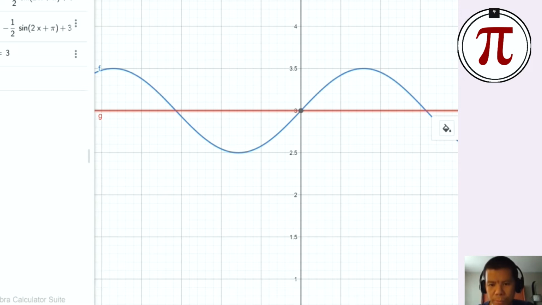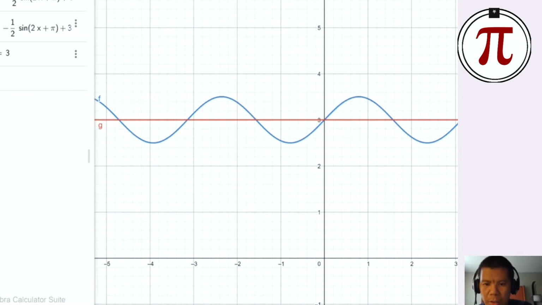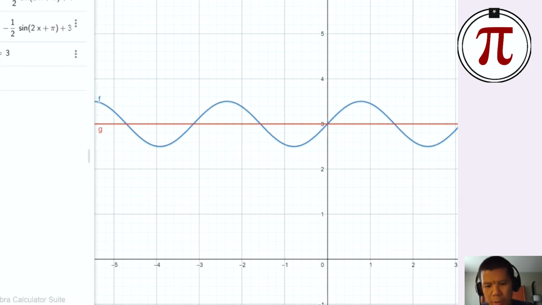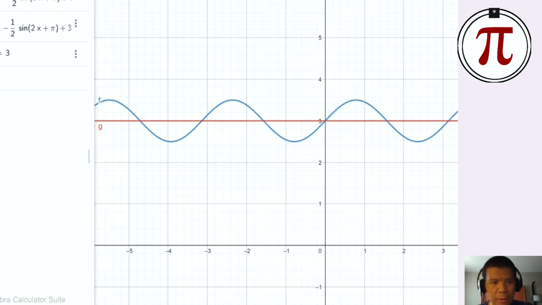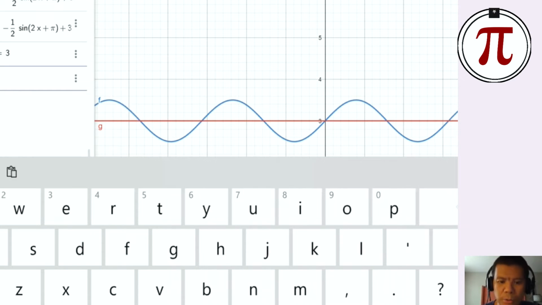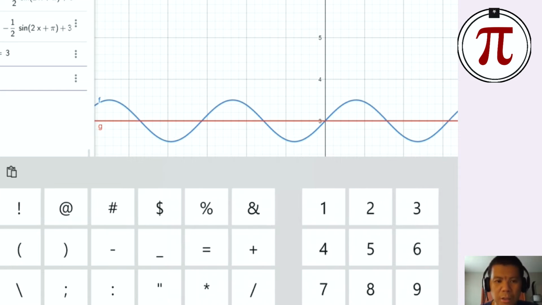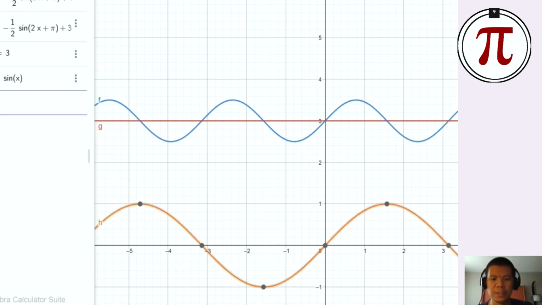Now you see this vertical shift. Now, let me just put this sine of x, so you will also compare the sine, right? Sine of x function. Let's put them together into one.